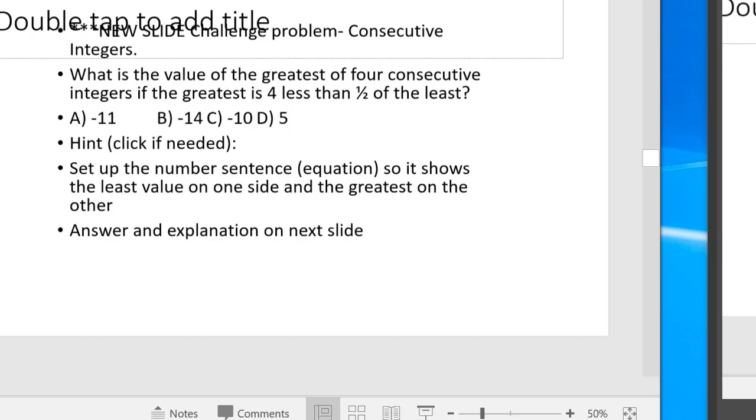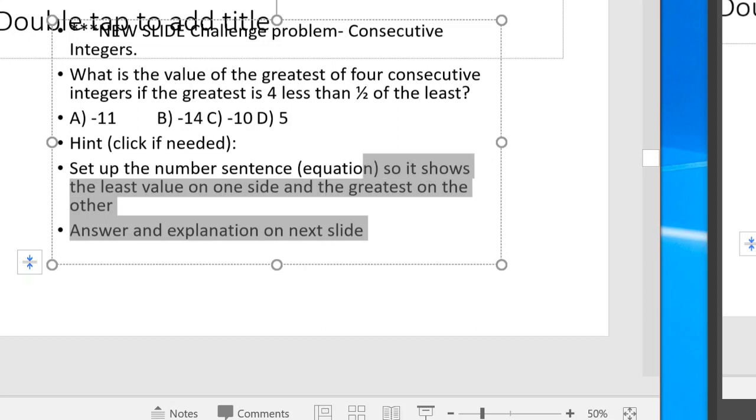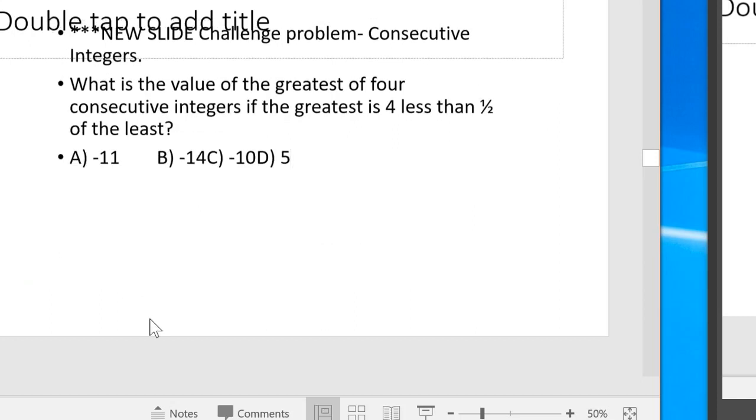What is the value of the greatest of 4 consecutive integers if the greatest is 4 less than 1/2 the least? Well, what do I know here? What do I know about consecutive integers? If I have 4 consecutive integers, what's the smallest value going to be?